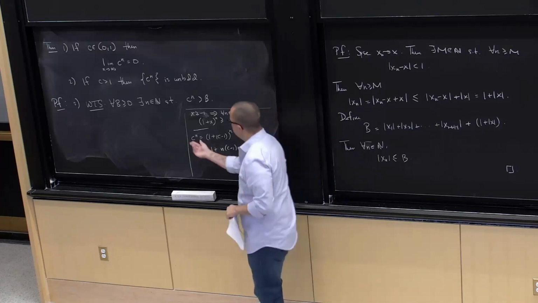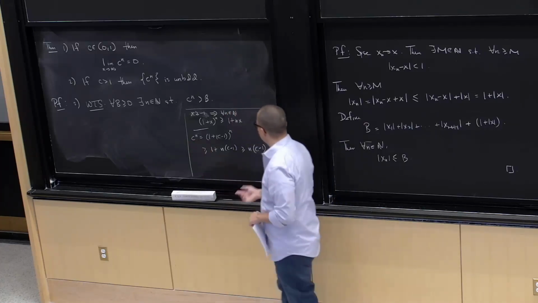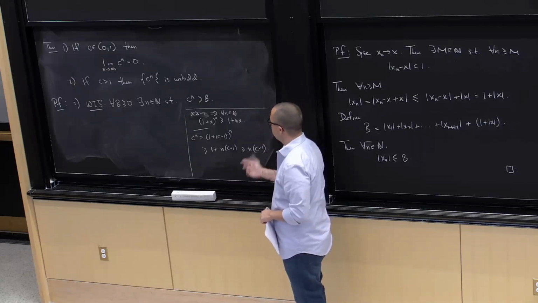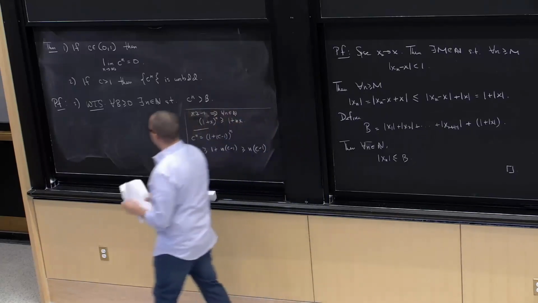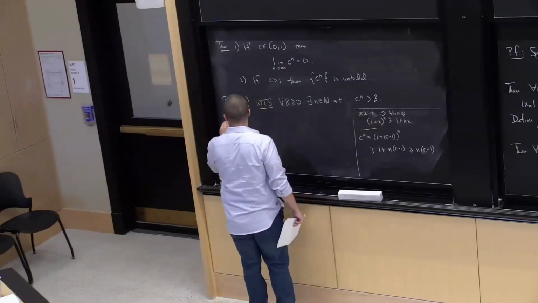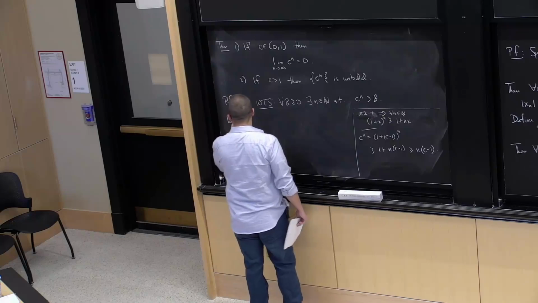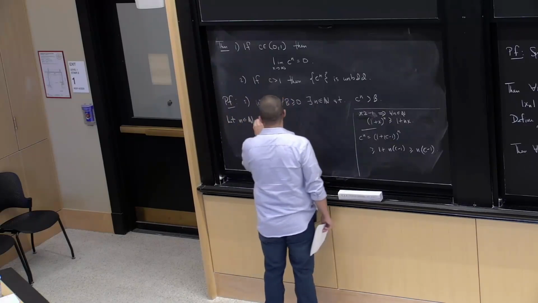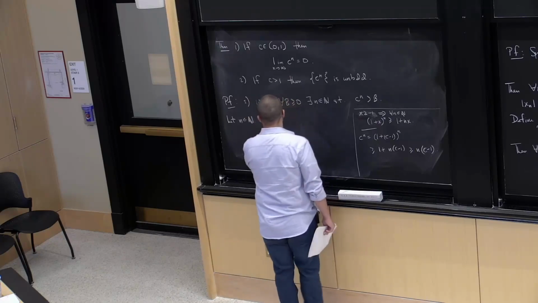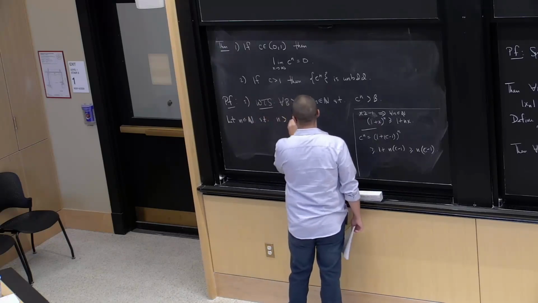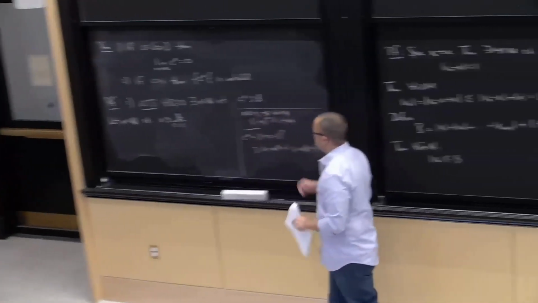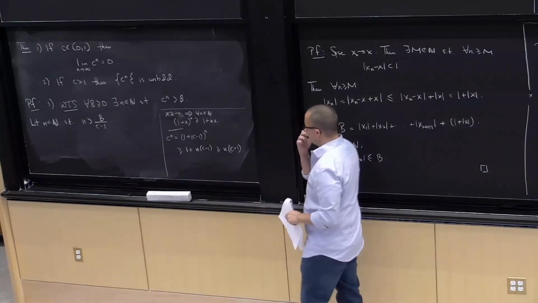So if I want to make this big, it suffices to make this big. Okay? So that's what I'll do. So let n be a natural number such that n is bigger than b over c minus 1. Okay?